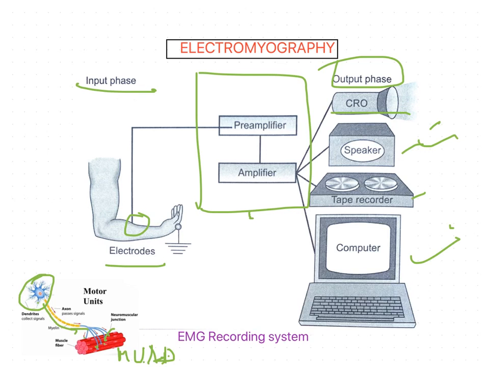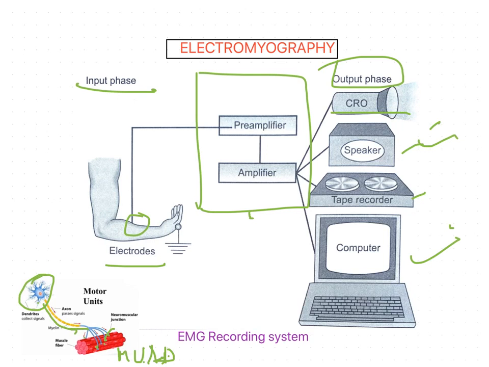This disturbance produces a myoelectric signal that can be detected either by electrodes placed on the skin or by needle electrodes. An electrode is a transducer, a device converting one form of energy into another. It can be monopolar or bipolar in arrangement.